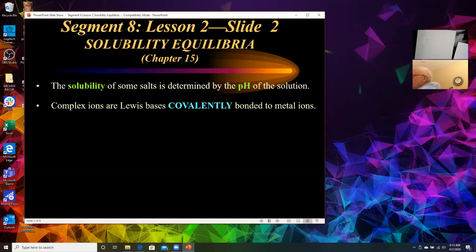If you had a complex ion, for example, silver ion, what can happen to silver ion is if you add, for example, ammonia to it.